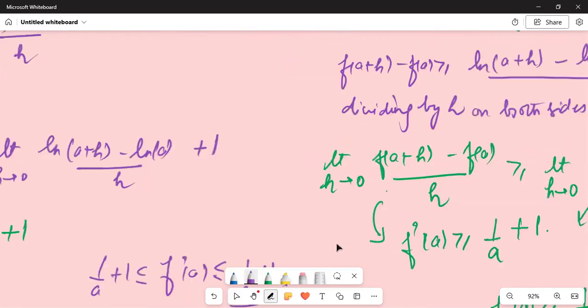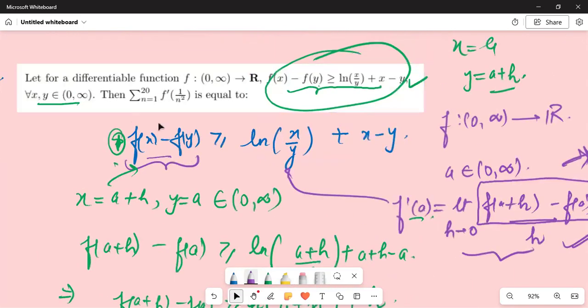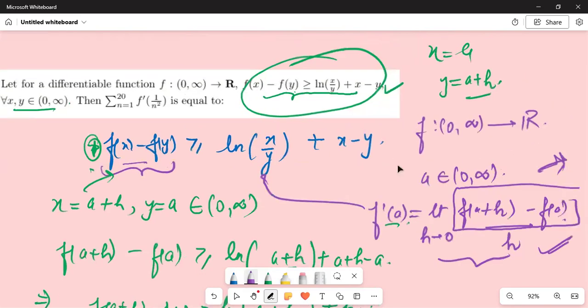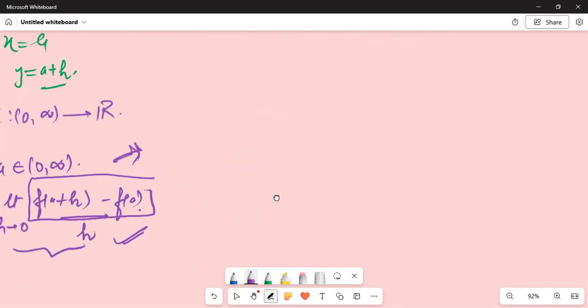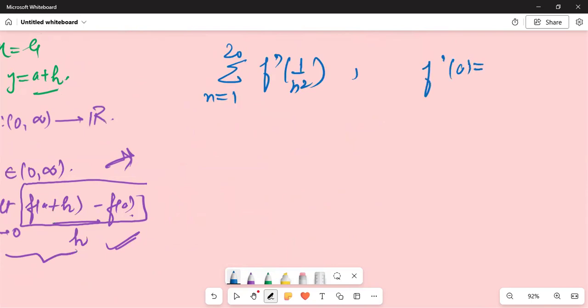Now you need to find this sum. You already know the value of the derivative of the function f at any point. So to evaluate this, you know that f prime a is 1 by a plus 1.